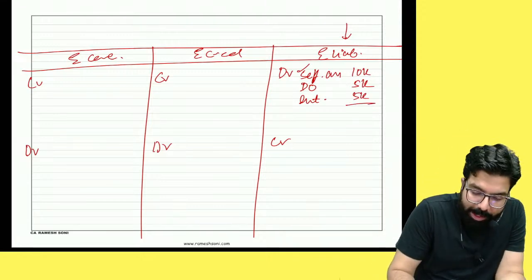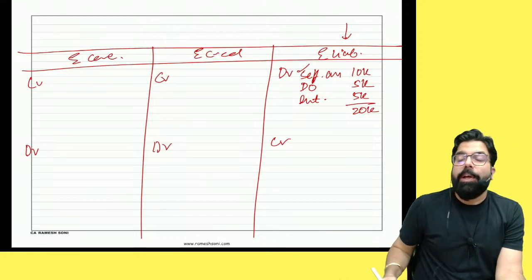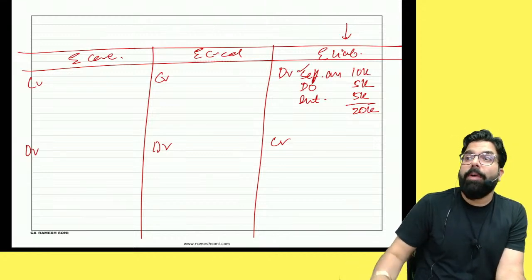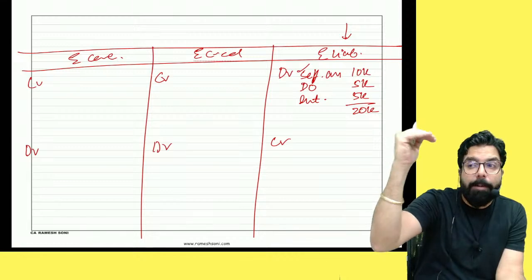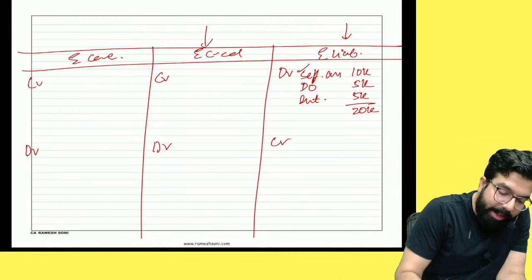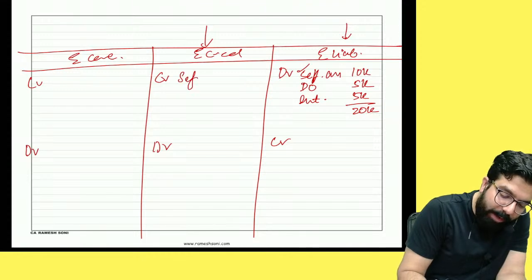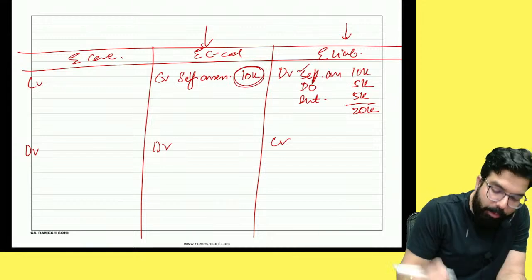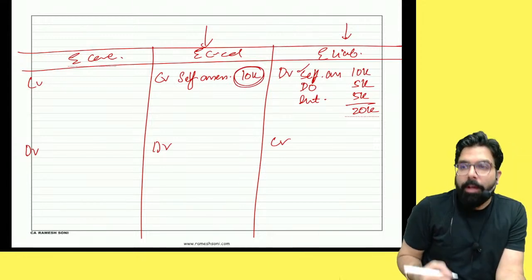So what is your total liability? 20,000. Now you filed your GSTR 3B. When you were filing, you said my input tax credit, which is appearing in my GSTR 2B, is supposedly 10,000. Whatever you self-assess and claim in your GSTR 3B will also come over here. What will you do with this? You will use it.